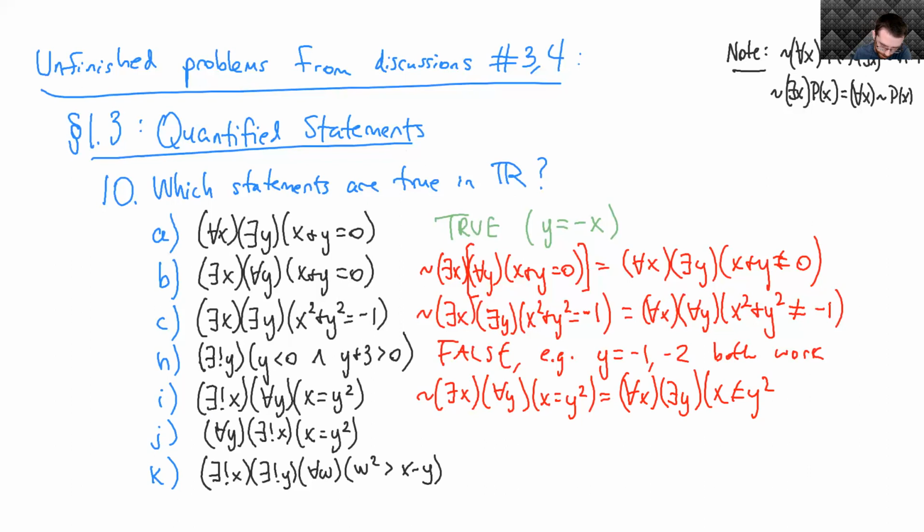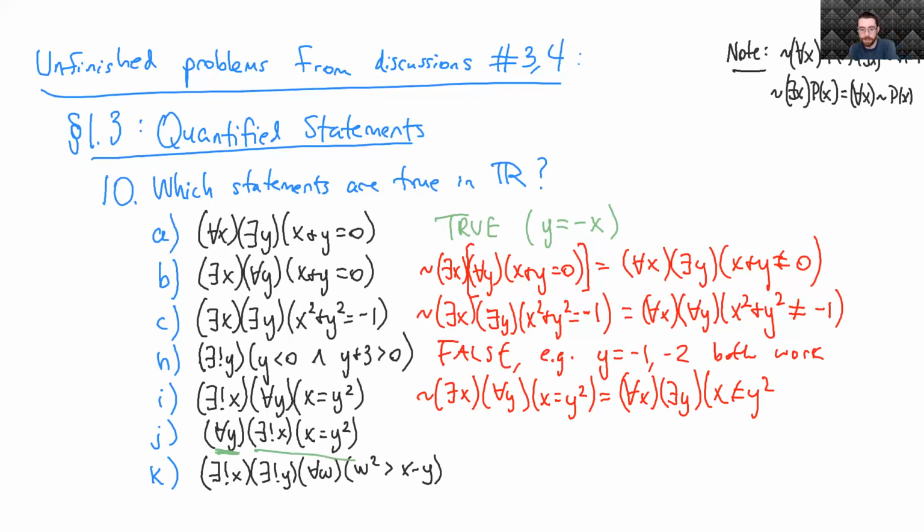All right, let's look at J. So J says, for all y, there's a unique x such that x equals y squared. Okay, that's a little more interesting. So whatever number I pick for y, this statement has to be true.